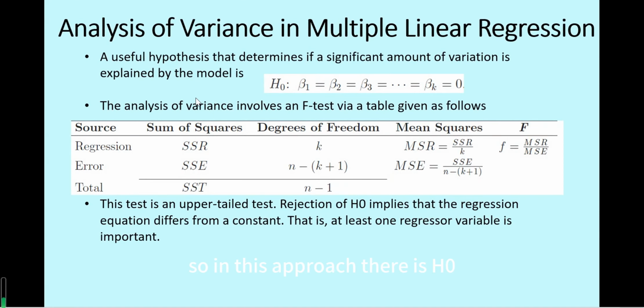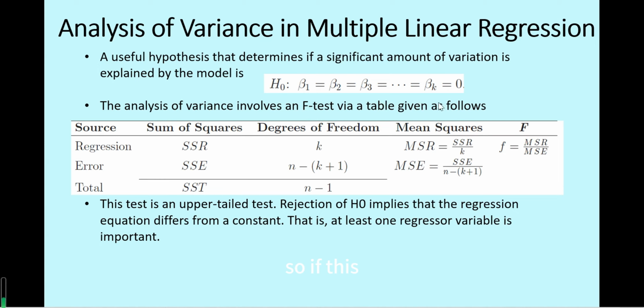In this approach, the null hypothesis H0 says beta 1, beta 2, beta 3, up to beta k are all 0, which means the model is nothing, just a constant term.